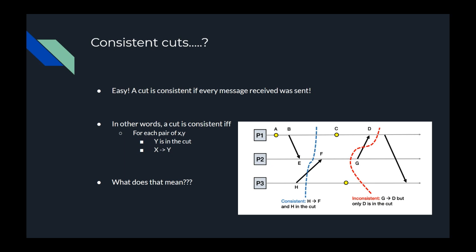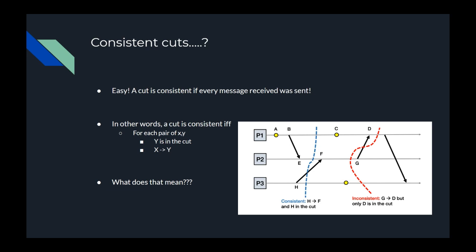So we can see in this little example that the left side of this time diagram is a consistent cut because you can see H is in the cut and H caused F. And then an inconsistent cut violates one or both of those things. So G did cause D, but only D is in this cut.